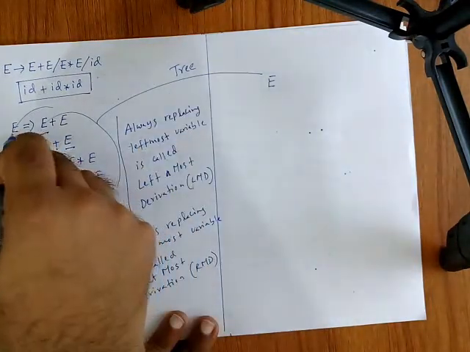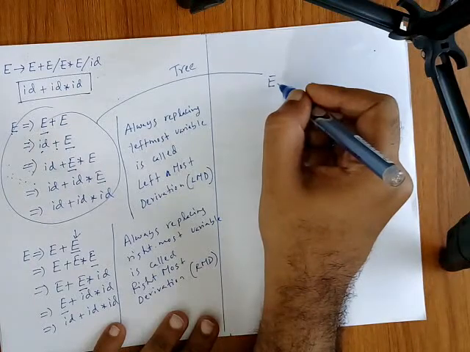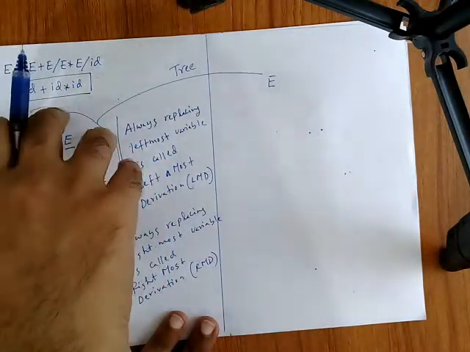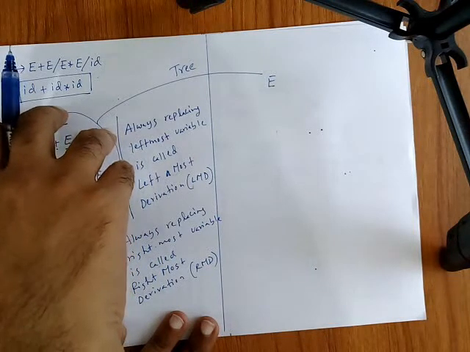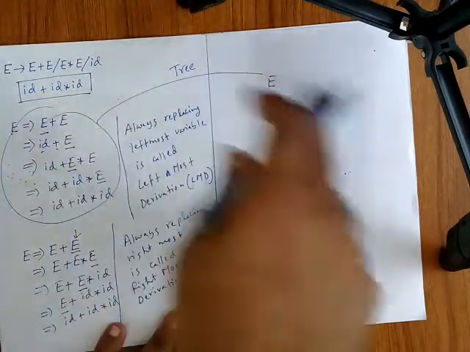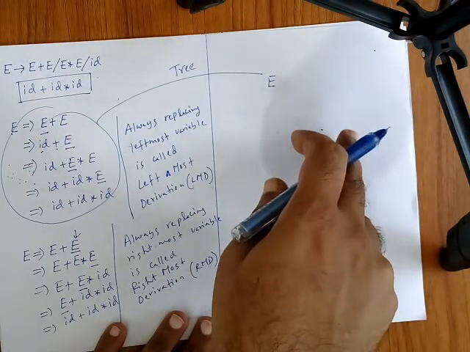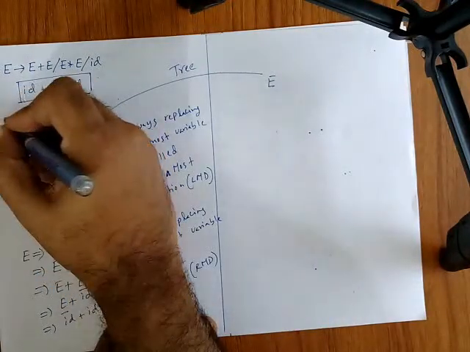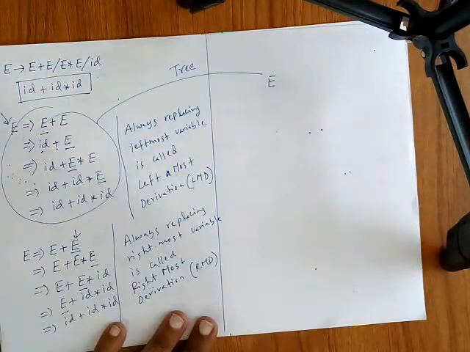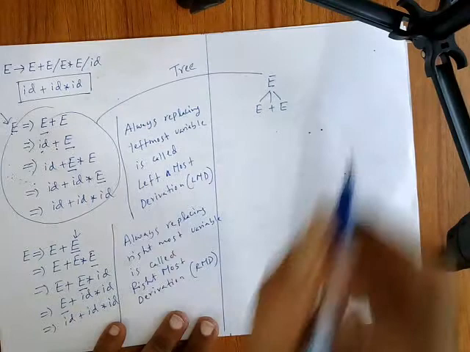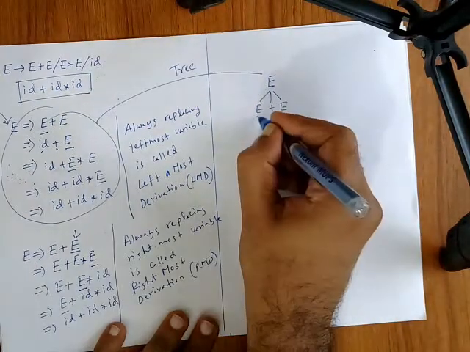We start from E. So E is the root. The derivation process would be the same, but instead of writing line by line, we are converting it to a tree. Root would be this. Then E would become E plus E. Then this E would become ID.